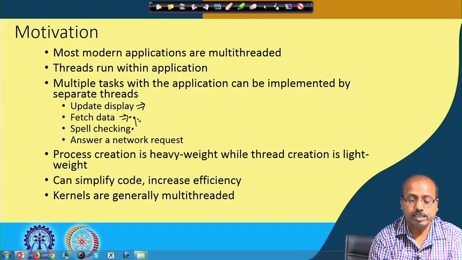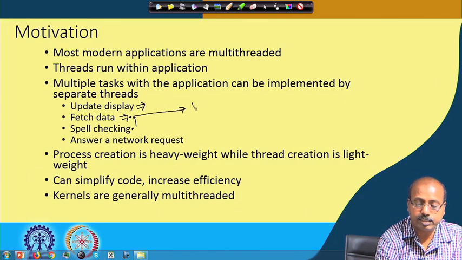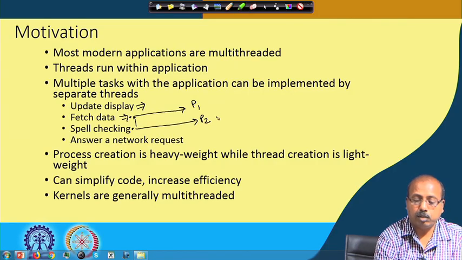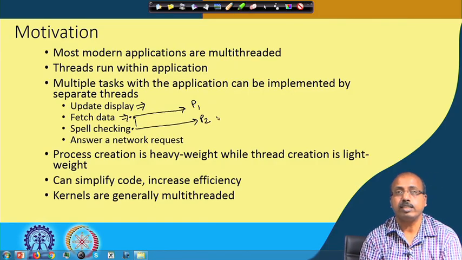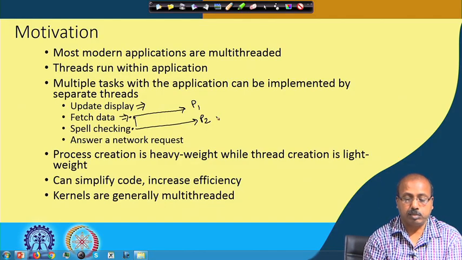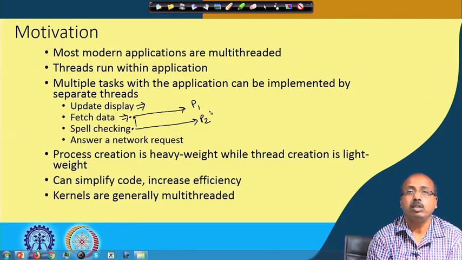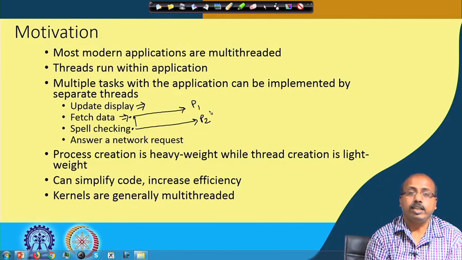If you create two different processes, suppose this fetch data is done by P1 and spell check is done by P2. Now, the difficulty that we have seen previously: even if there is a parent-child relationship between P1 and P2, they do not share the data segment.